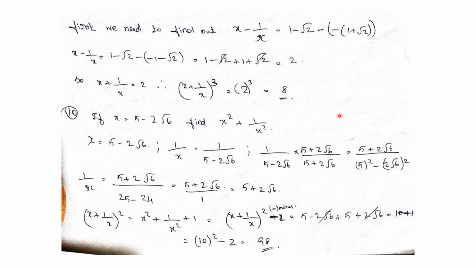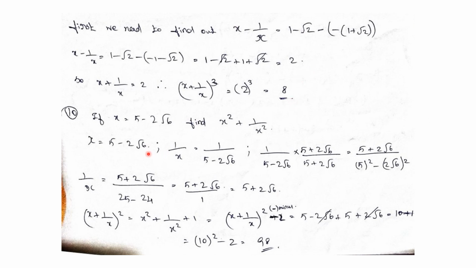The answer will be 8. Because already we know that x minus 1 by x value is 2. So if we cube that value, 2 cube, we'll get 8.